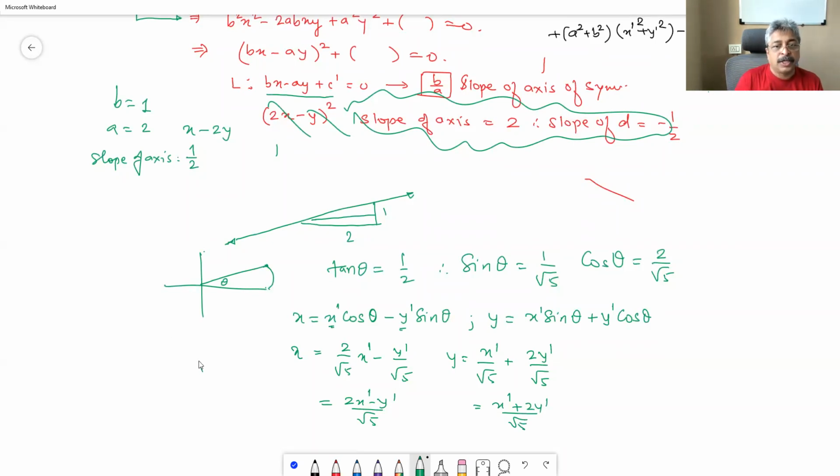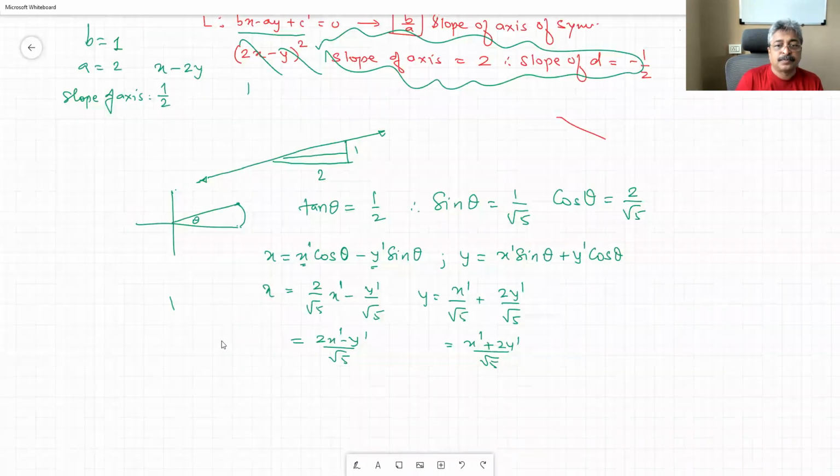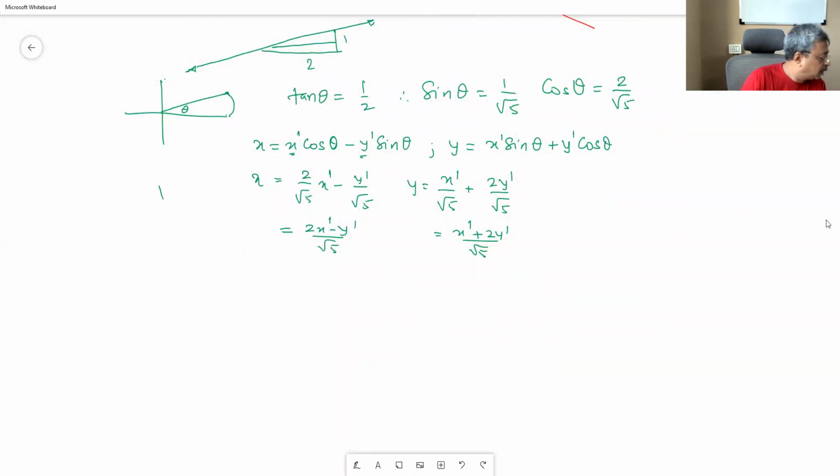Okay, and hence I will write down the expression x square.